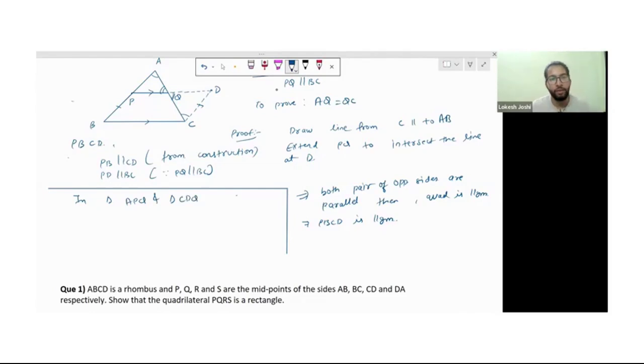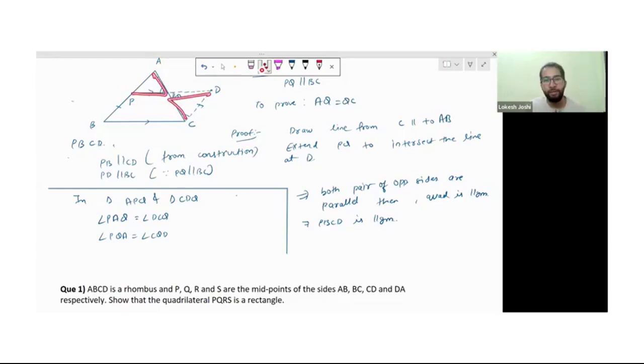We have angle PAQ equal to angle DCQ. The one thing we have, as they are cut by the transversal, I have explained already. Now angle PQA is equal to angle CQD, this angle PQA and CQD.